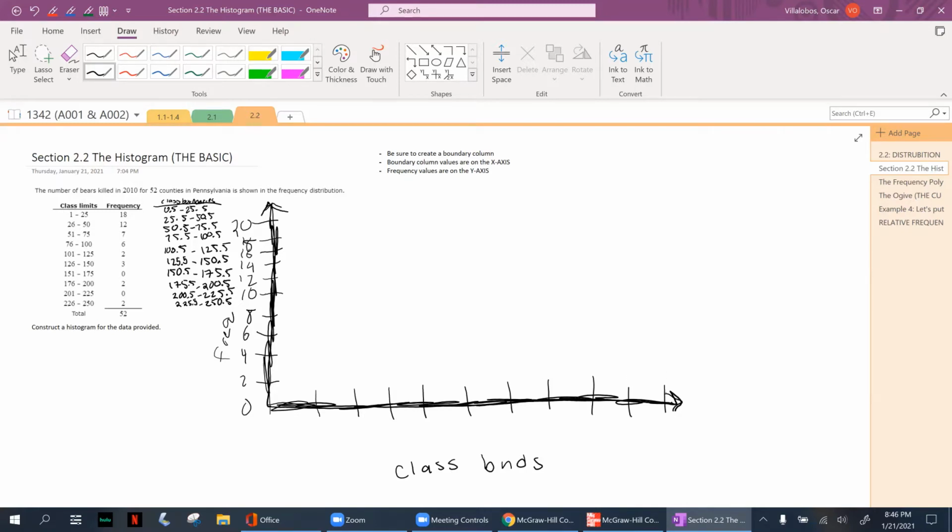Perfect. So this middle part right here is going to consist of 0.5 to 25.5.